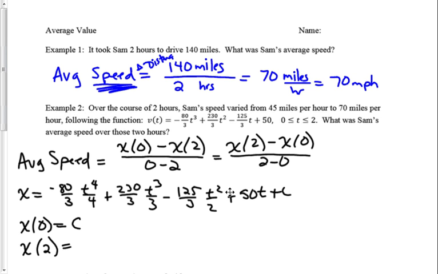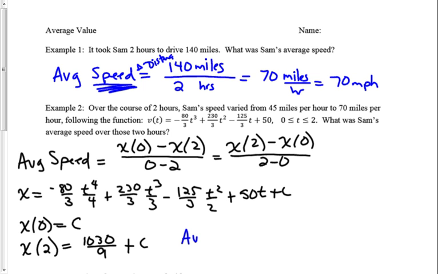So go ahead, pause the video, calculate what you get, please. I got 1030 over 9 plus c. In decimal, that's 114.44.